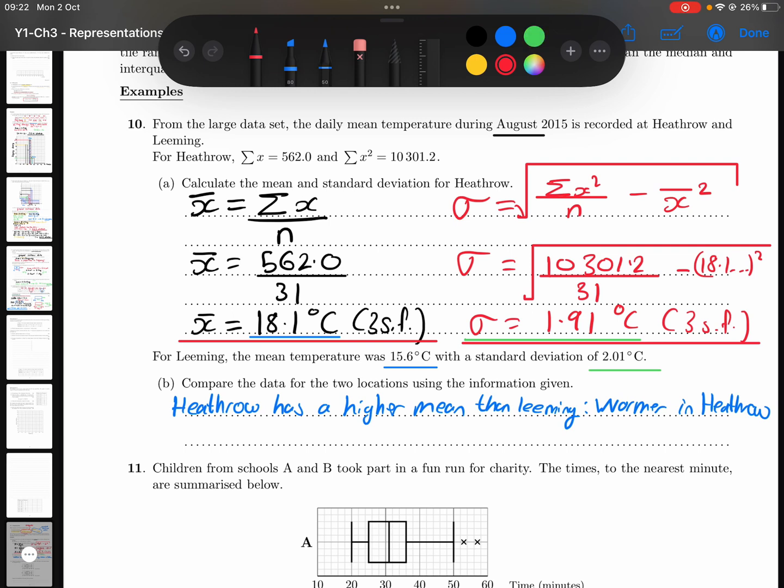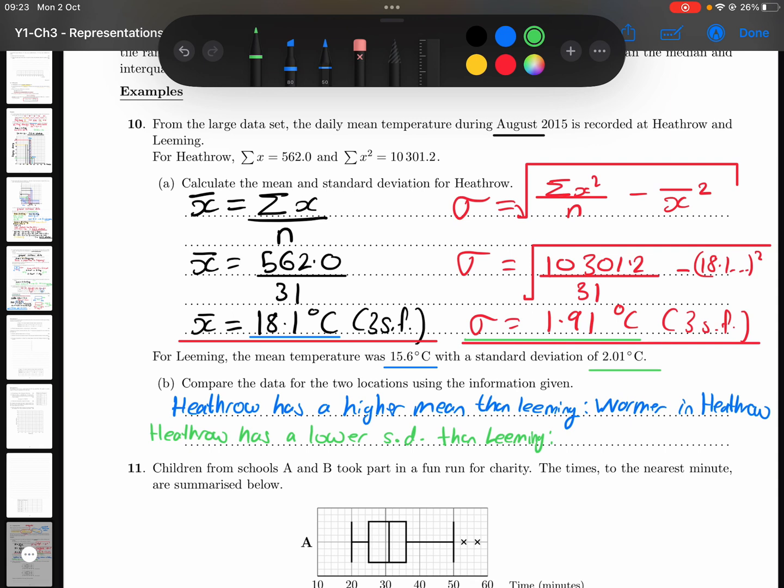So if we compare the standard deviations, we can see that Heathrow has a lower SD, for standard deviation, than Leeming. But what does that mean?